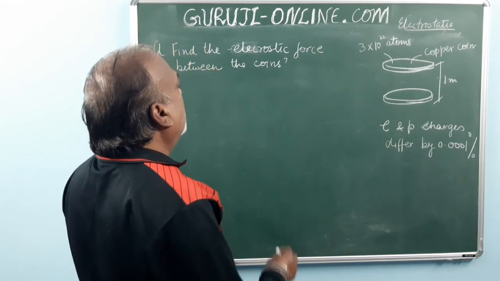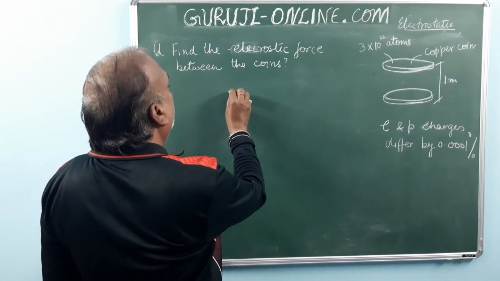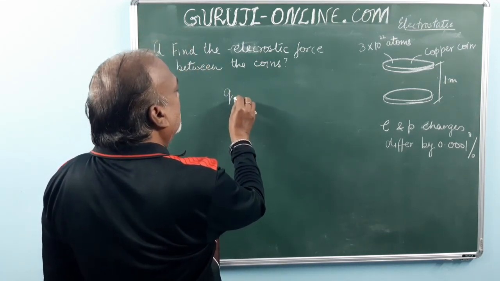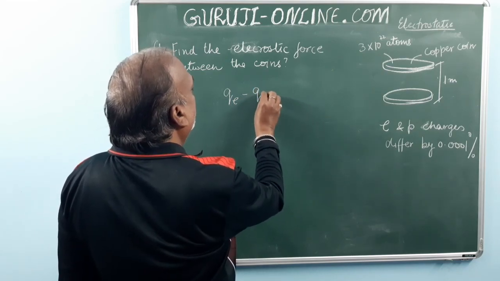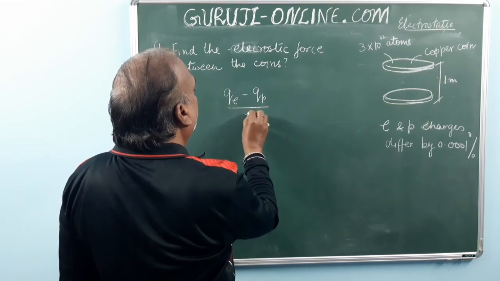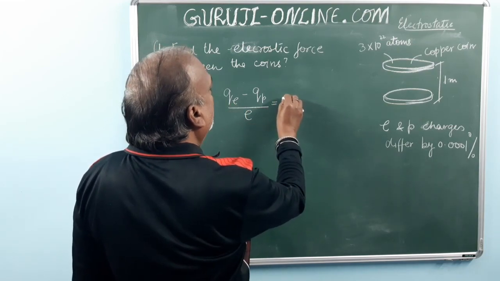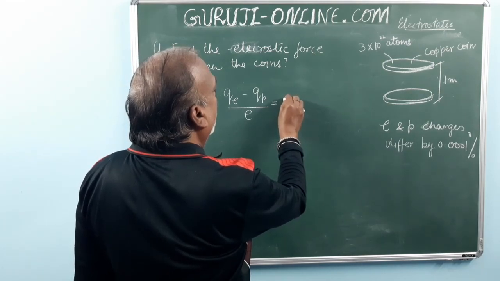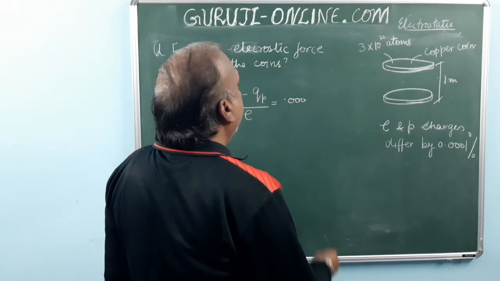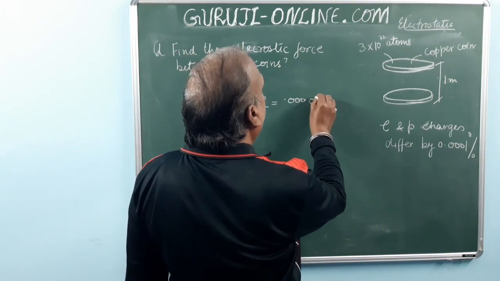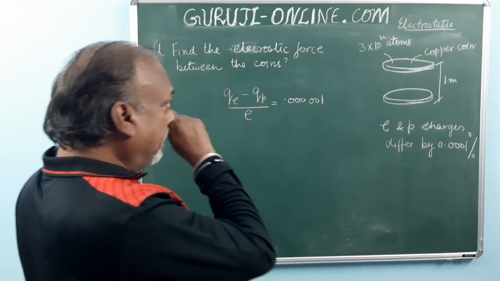So what is given is QE minus QP, which is 0.00010001%, because it is given in percentage.